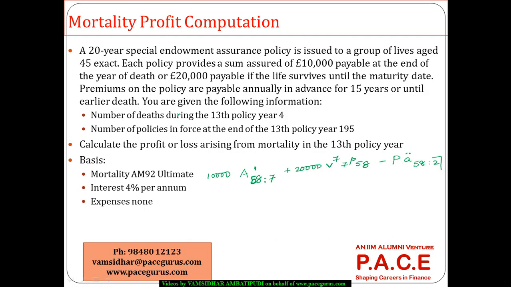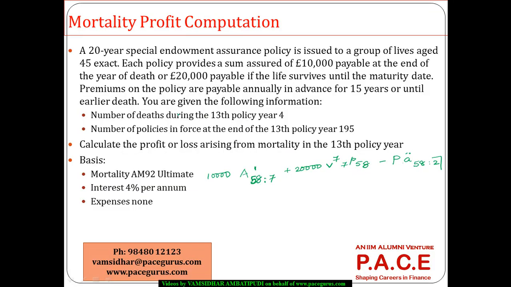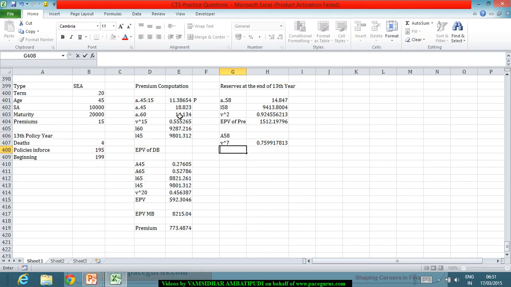Similarly, now I can find out the first part, A58:7. For that I require A58, and I require V^7, so 1 by 1.04 to the power 7. And L58 we already have. L55 we have, L65 we have.